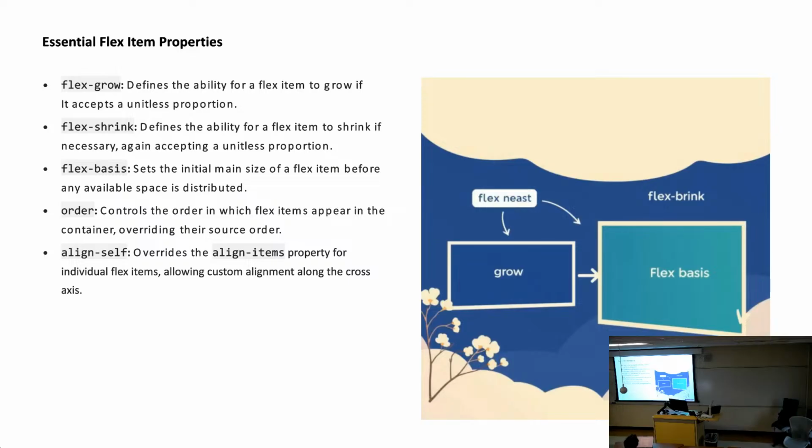And then align self is what overrides the align content. Let's say all these are separate, spaced equally, but I want the middle one to be on the bottom instead of the middle. Align self will do that. You'll just have to make another class for that.